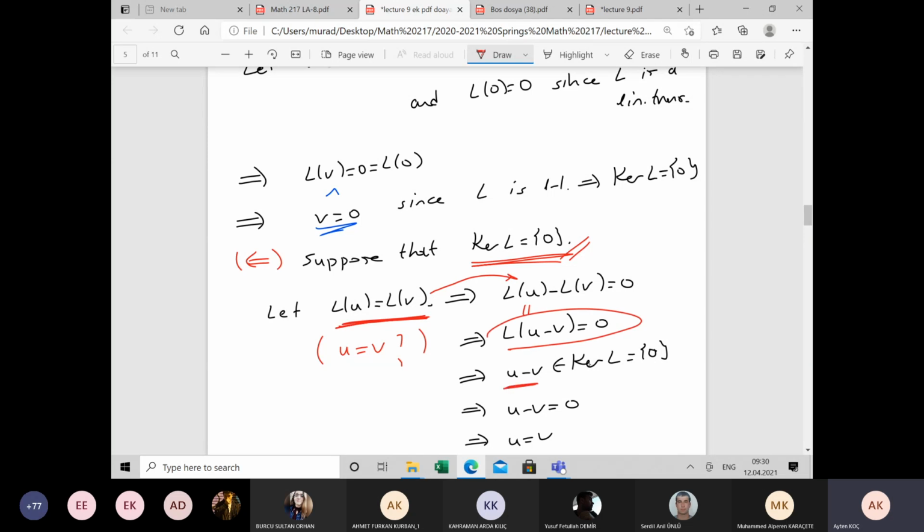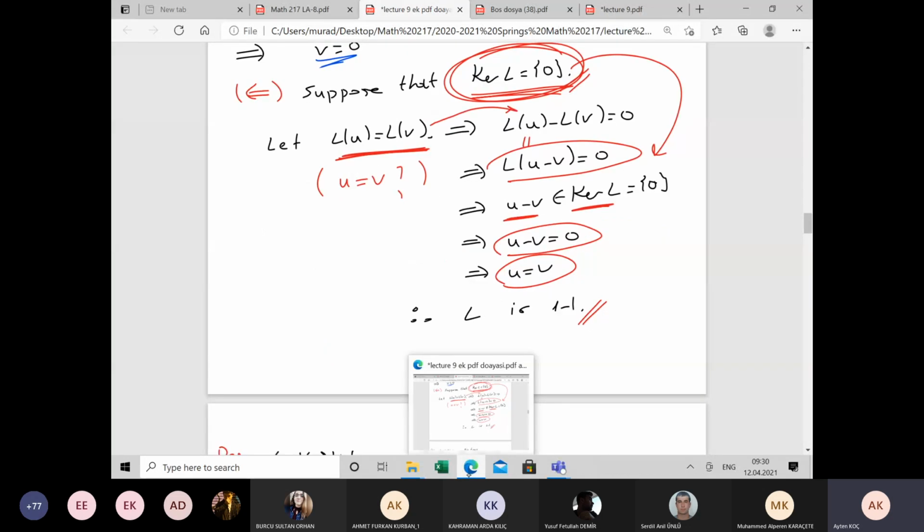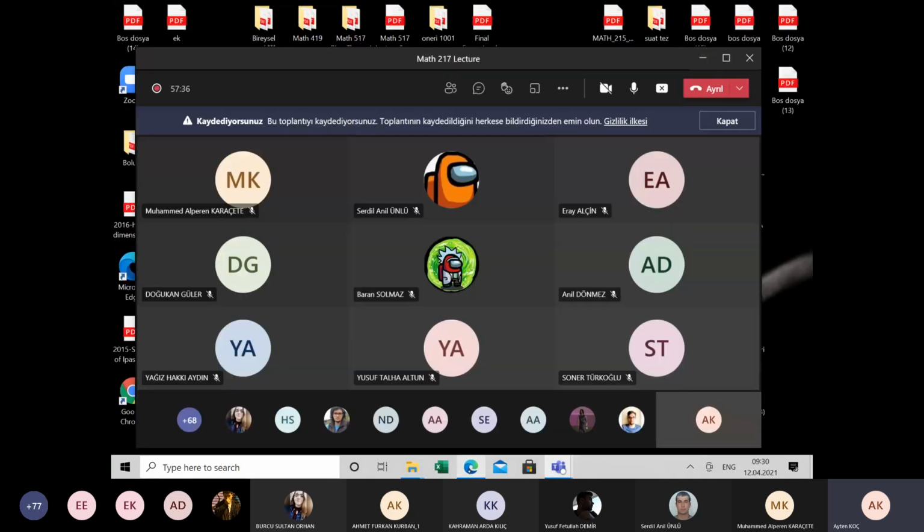We know the kernel is {0}, so U minus V is 0, and we obtain that U is equal to V. So L is a 1-to-1 linear map.